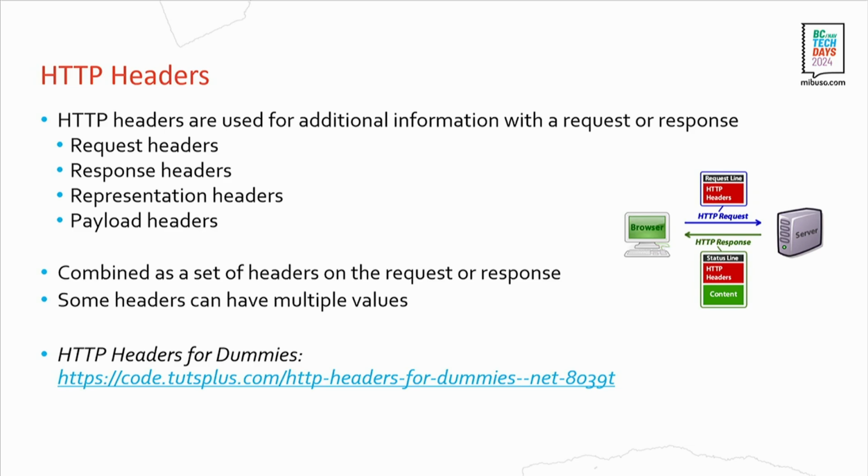Some of those headers can have multiple values, some of them cannot have multiple values. For example, you can have an accept language header, which can have multiple values, so I accept English and German or whatever you have as a language available for me. But the content type header can only have one value, because your content type is just one type.